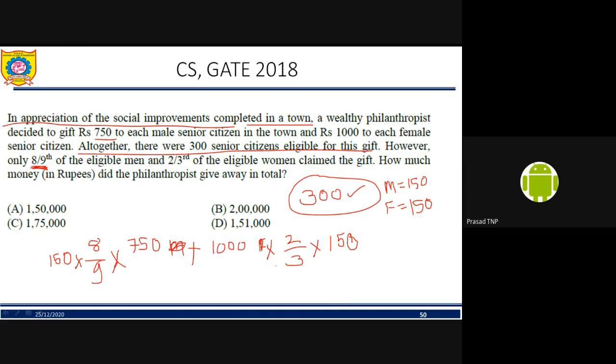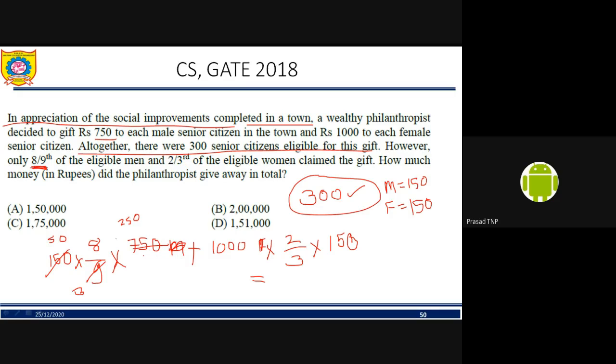So if you calculate this, this is 9, so we can divide it by 3. Even a calculator is not required. This is 50 and here this is 250. So 250 into 8 into 50.